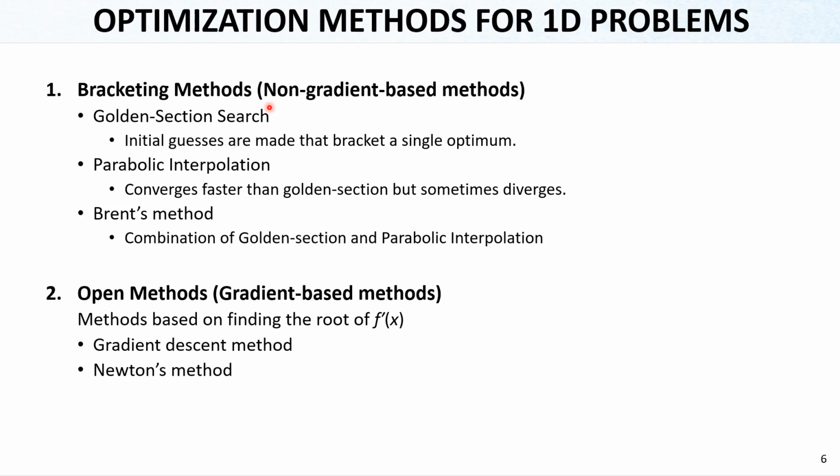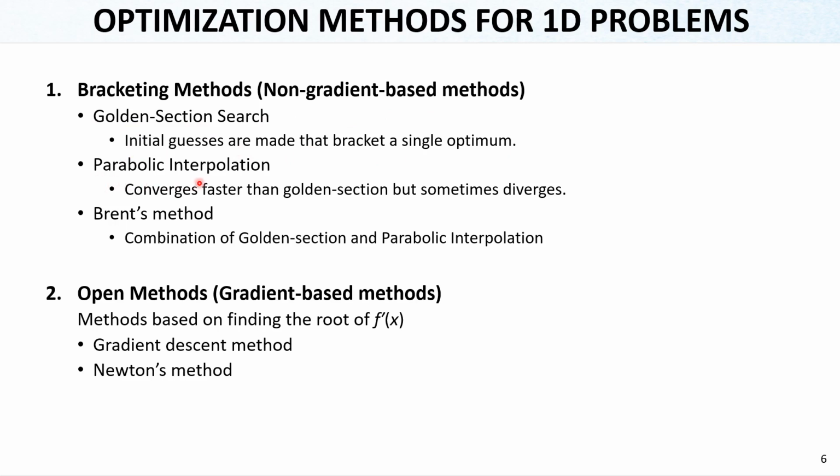But we can still use methods without derivative. So we call them non-derivative or non-gradient based methods. And those are similar to the bracketing methods in root finding. That's why they are again called bracketing methods. The first one is the golden section search. Initial guesses are made that bracket a single optimum, and the golden section algorithm is used to continue the iterations.